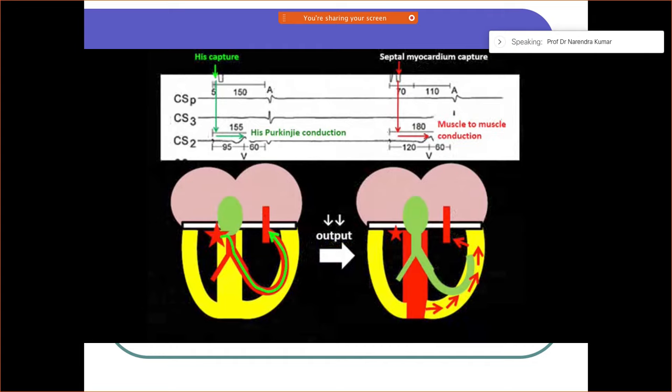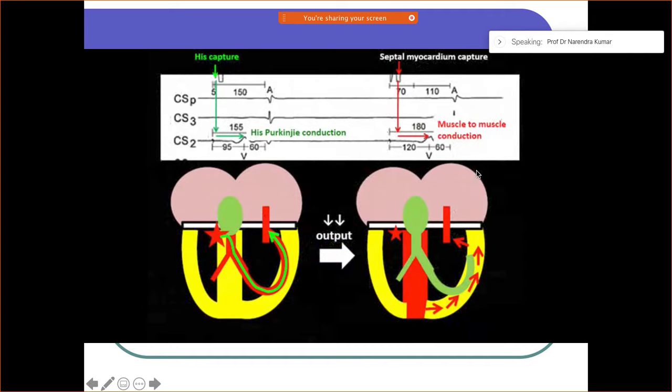Loss of His bundle to RB capture was associated with a 25 millisecond increase in SA from 155 to 180 milliseconds, caused by a 25 millisecond increase in SV at CS. The SV increased from 95 to 120 milliseconds, and the local V remained constant, of course, at 60 milliseconds.